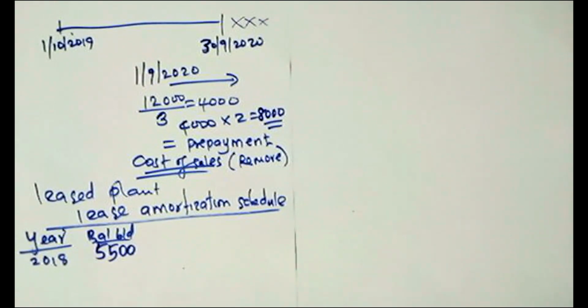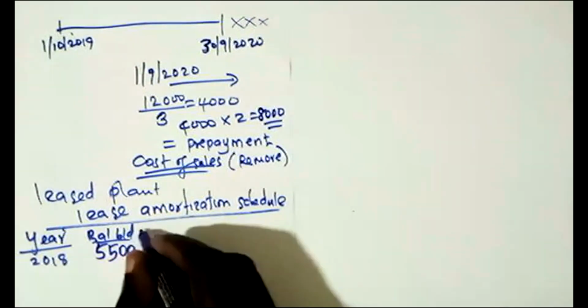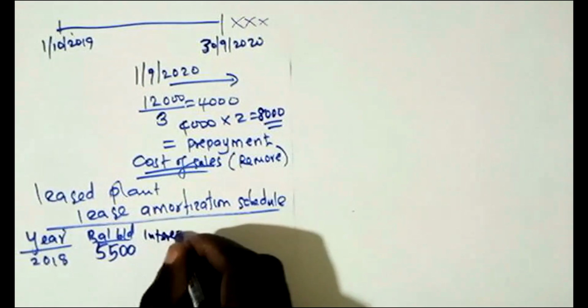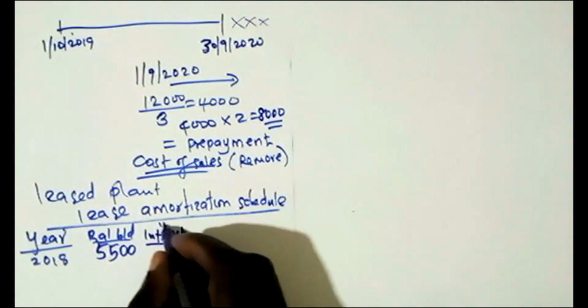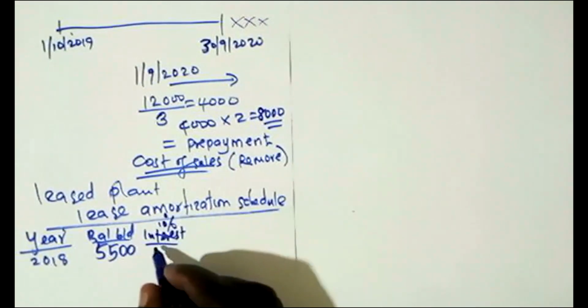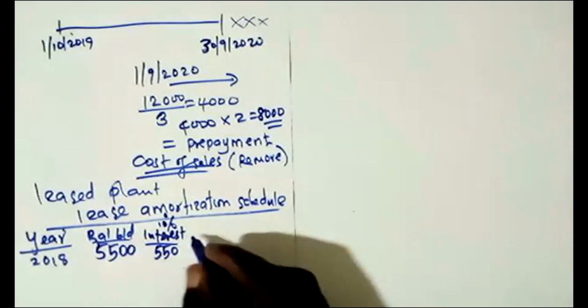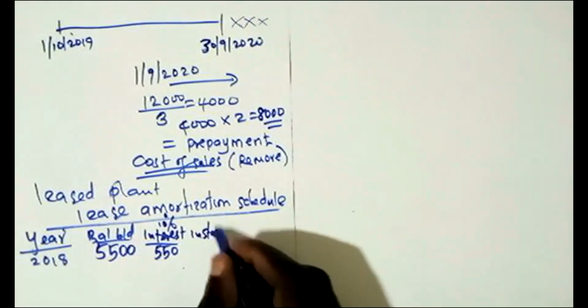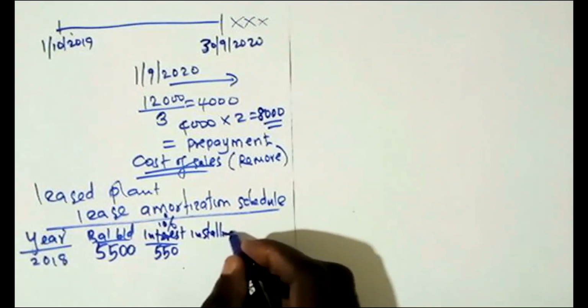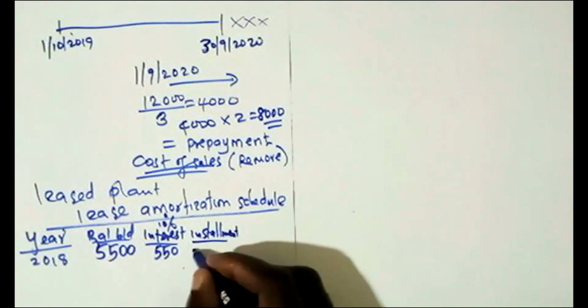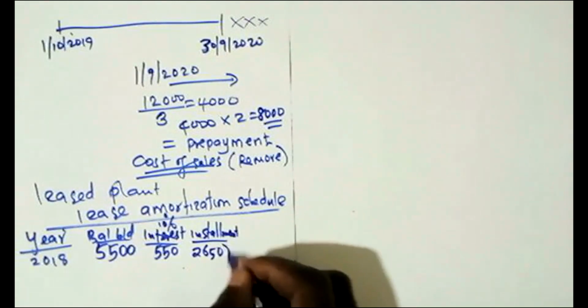That is an advance. So here, the interest is at 10%. So this is all about 550. Then they were supposed to pay an installment of 2650.